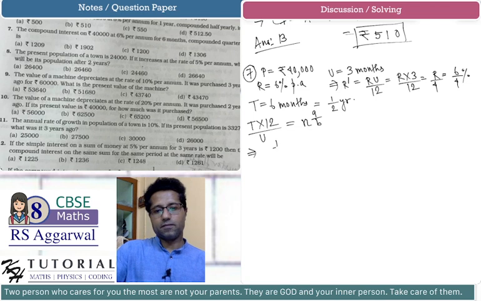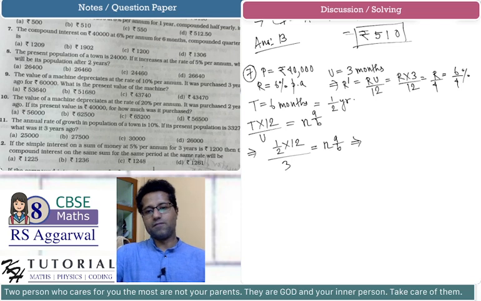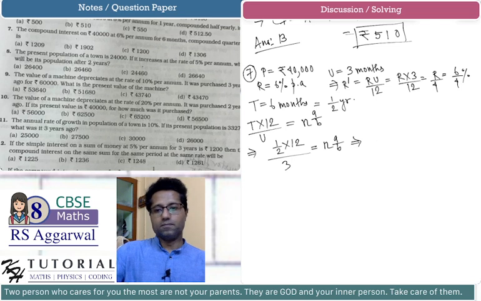T is half multiplied by 12, U is 3, should be equal to n a by b. So half multiplied by 12 divided by 3 is 2. So 2 is equal to n a by b. So this implies n is equal to 2 and the fraction a by b is equal to 0.